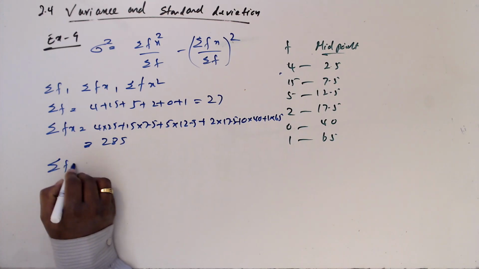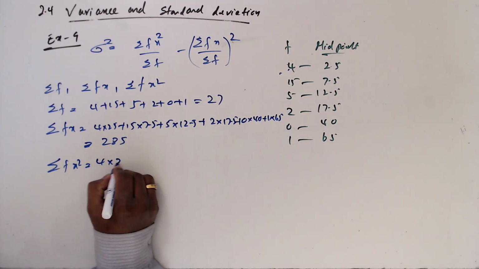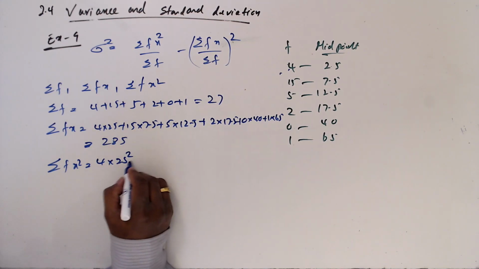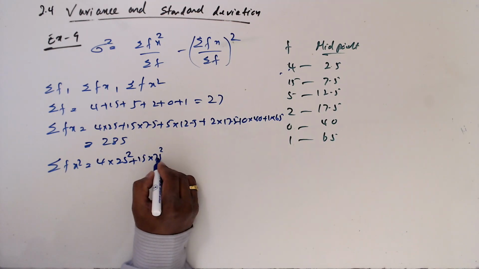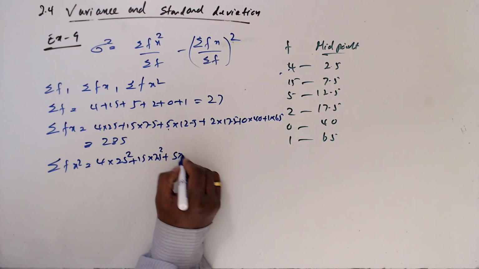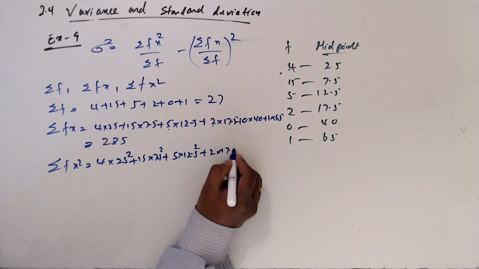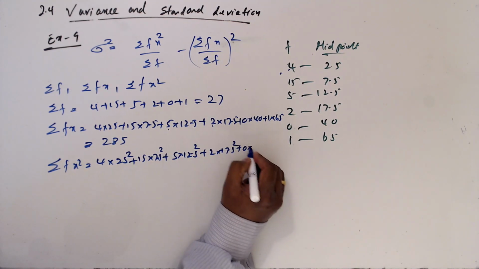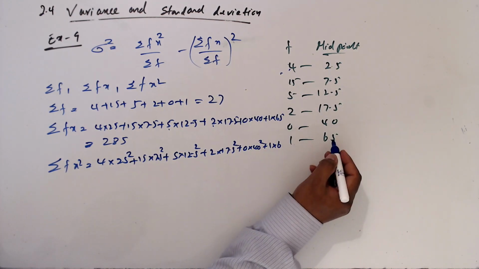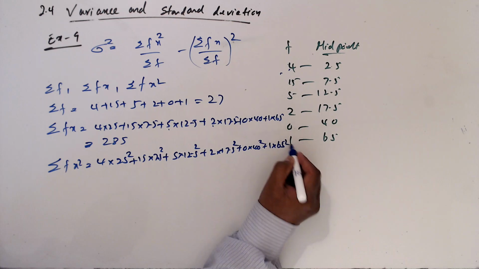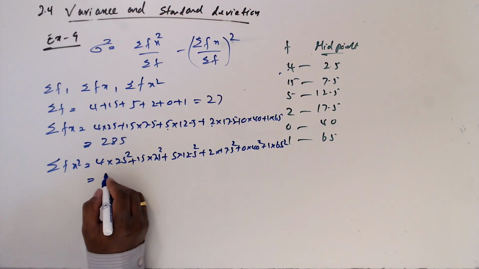Then summation fx square: 4 times 25 square, 15 times 7.5 square, 5 times 12.5 square, and 2 times 17.5 square, 0 times 40 square, plus 1 times 65 square.